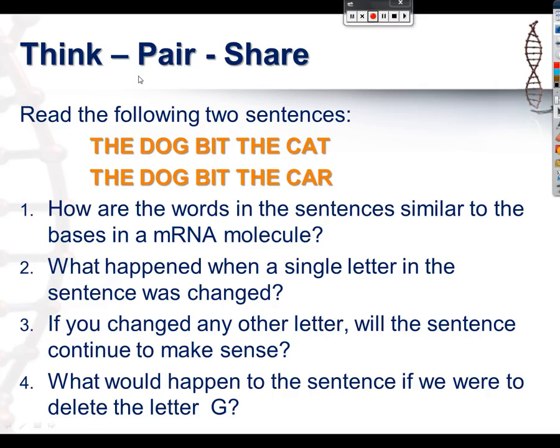All right, so let's talk about mutations a little bit. And like I said, we're going to go through some major mutations that typically occur. When you read the following 2 sentences, what do we have here? There's basically one little difference. This T for this R. But the fact that we only changed one letter in an entire sentence did what?